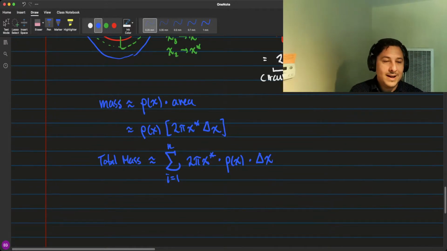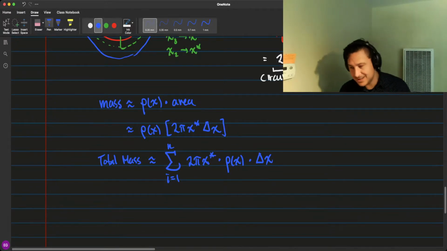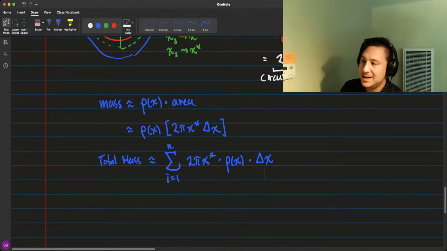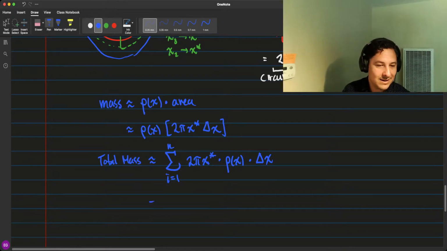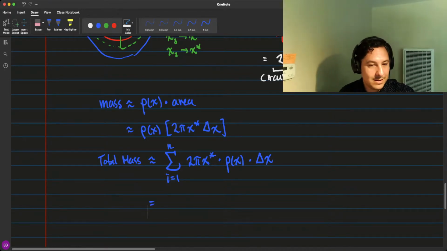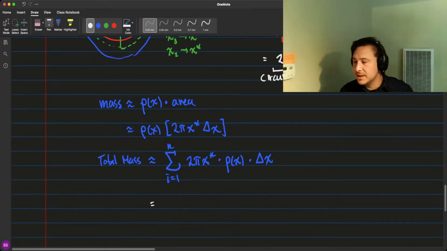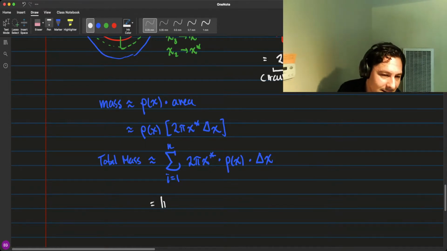And that's an approximation of the total mass. What will I do to it to get the actual total mass? Yeah, take the limit. So instead of adding up n of those little ring thingies, you're going to add together infinitely many of those little rings.